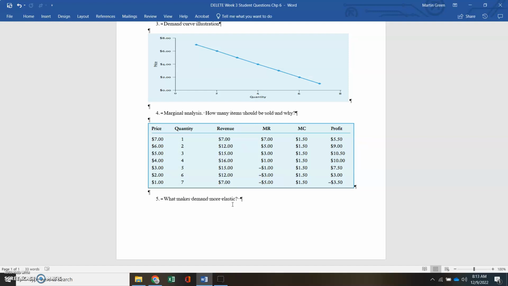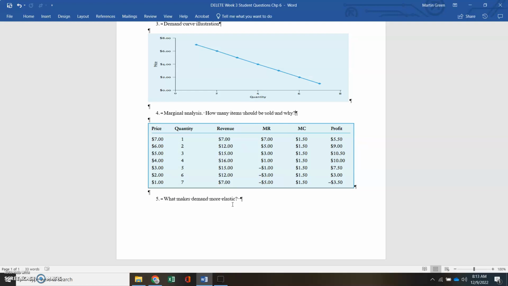If there's a substitute, for instance, electric cars to gas cars, a higher quality item to a lower quality item, natural gas to heating oil, as soon as there are some of these substitutes, people will revert to them as the price goes up. So products become more elastic the more substitutes are available.